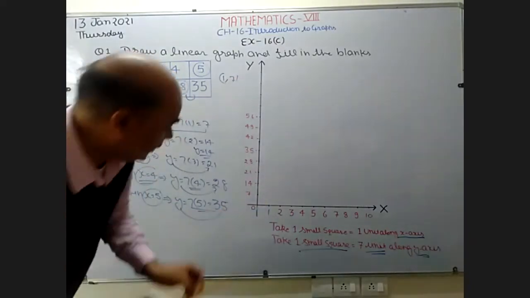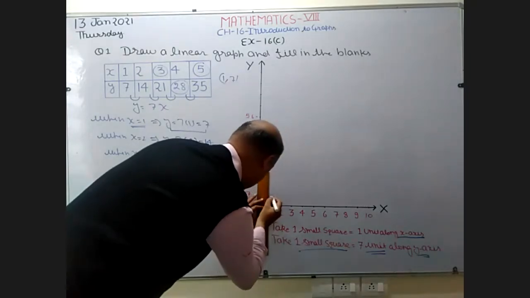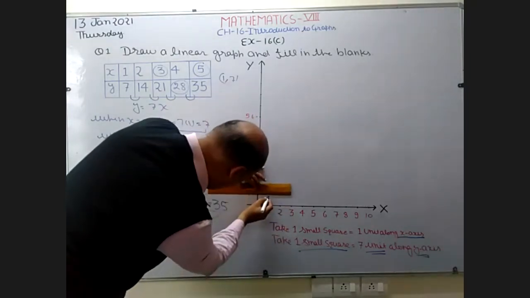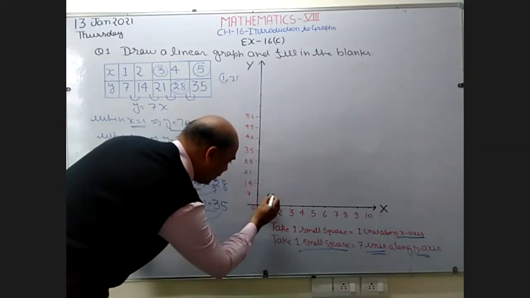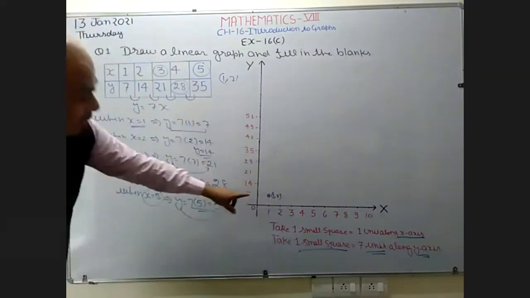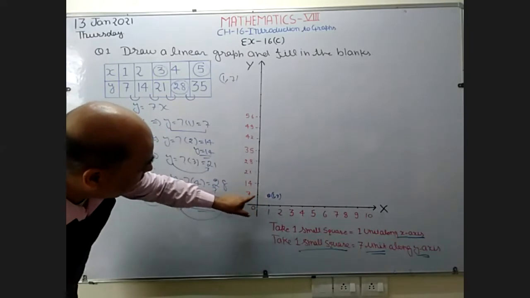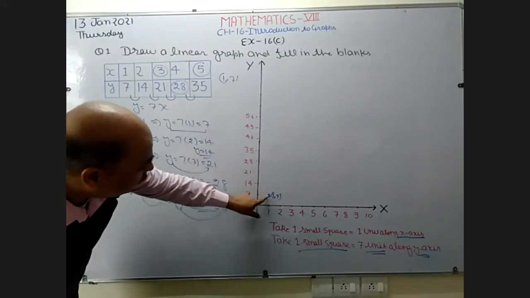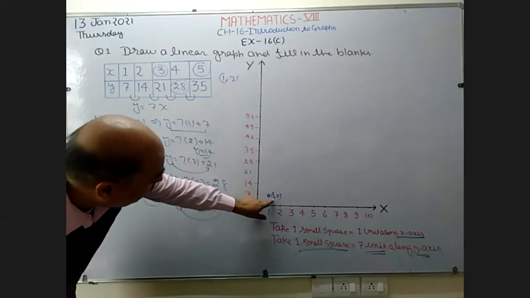Take this point. This point is going to be represented by 1 and 7. This point represents x equal to 1 and y equal to 7. So the coordinates of this point A become 1 and 7.